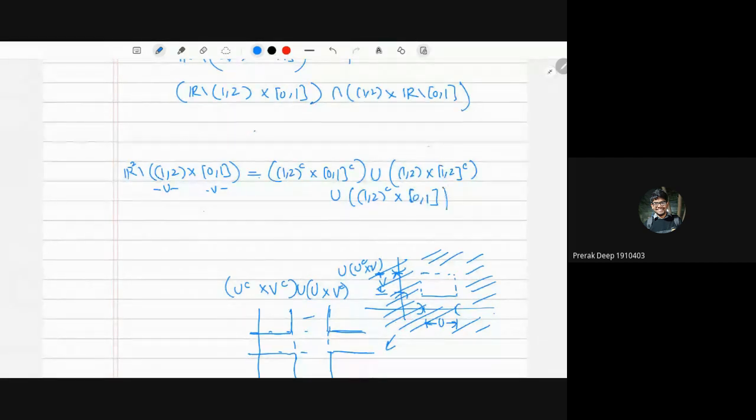Right? Now this set is R minus this interval times R minus this interval.